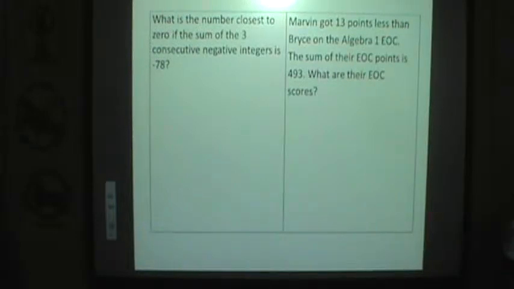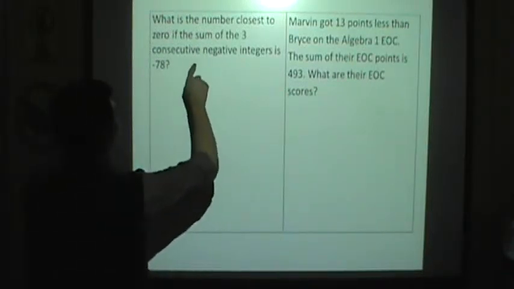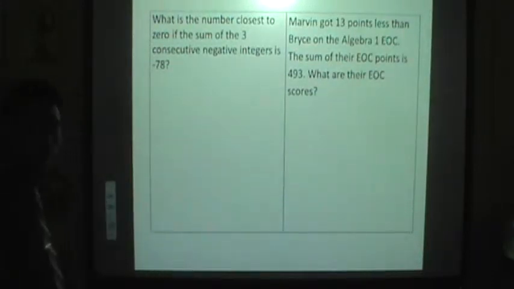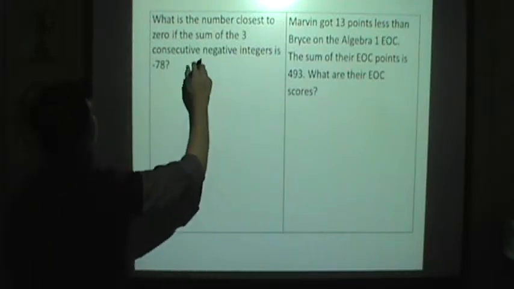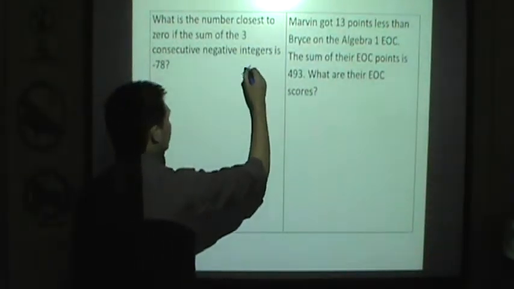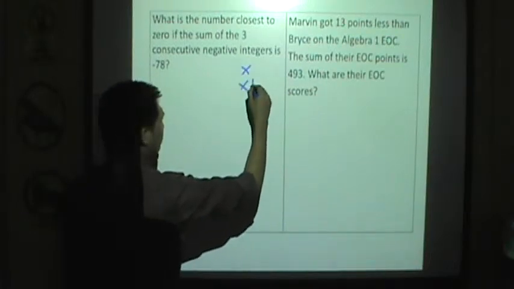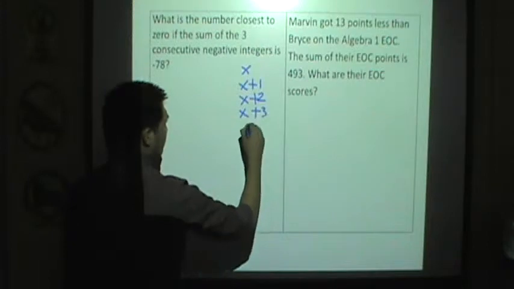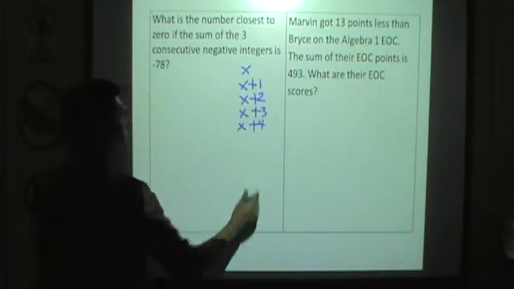What is the number closest to 0 if the sum of 3 consecutive negative integers is negative 78? So here we are talking about consecutive integers. Before, we learned that for the first number we have x, second number x plus 1, x plus 2, x plus 3, x plus 4, and so on.